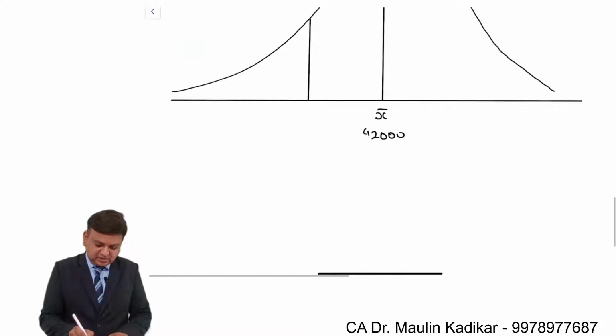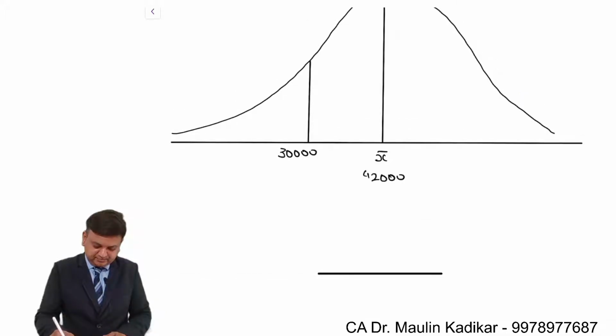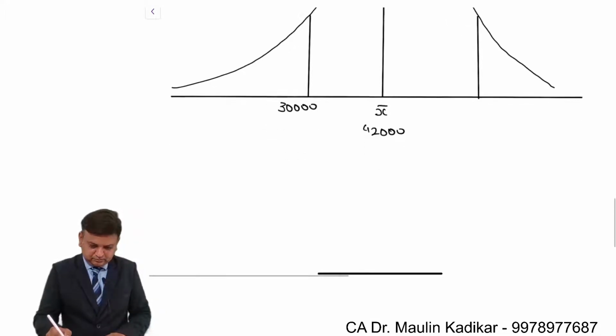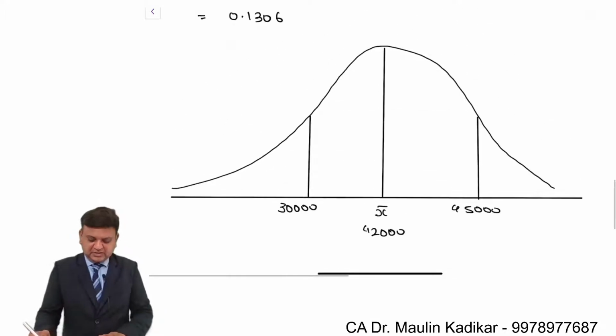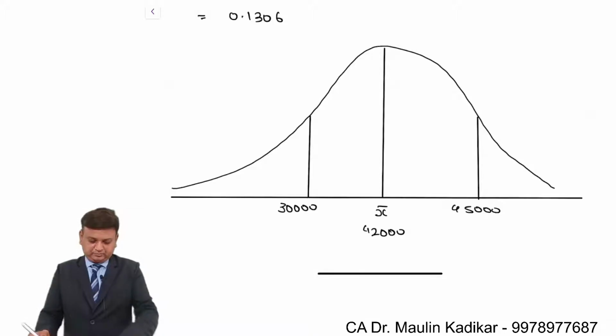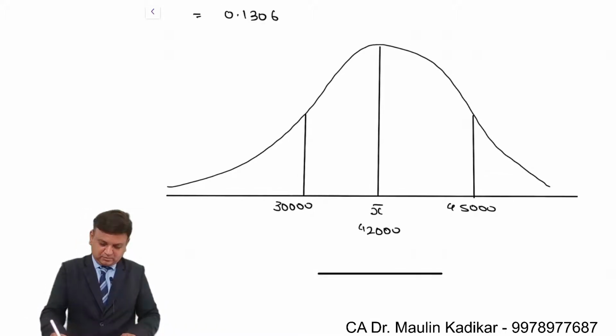So basically 30,000 is plotted on the left hand side and 45,000 is plotted on the right hand side. This is what we understand. We want to know the probability for this area. That is the question.